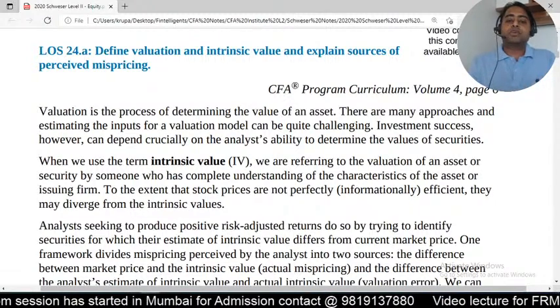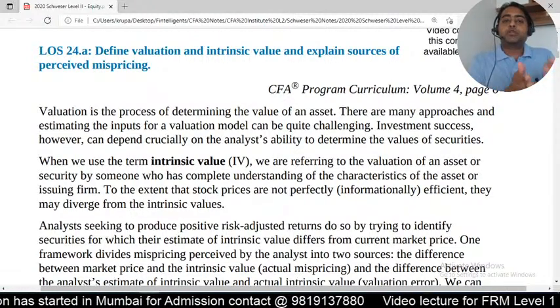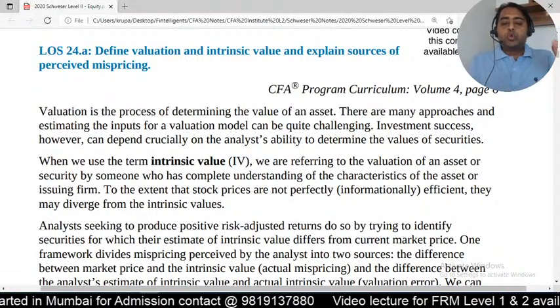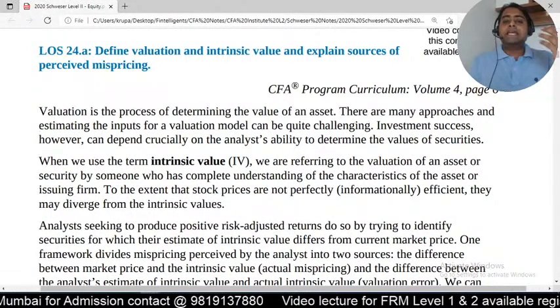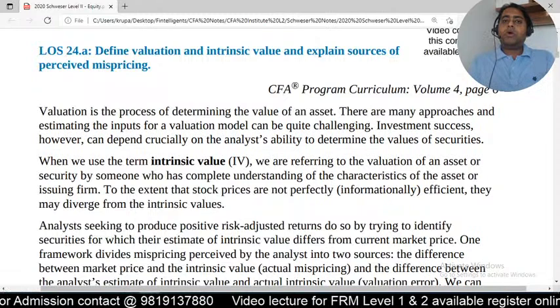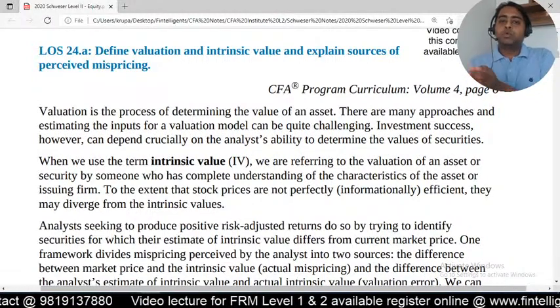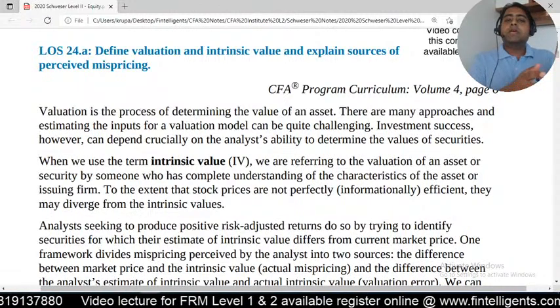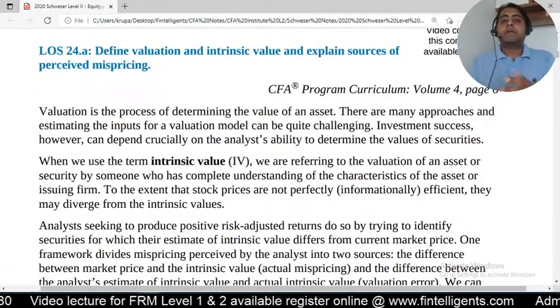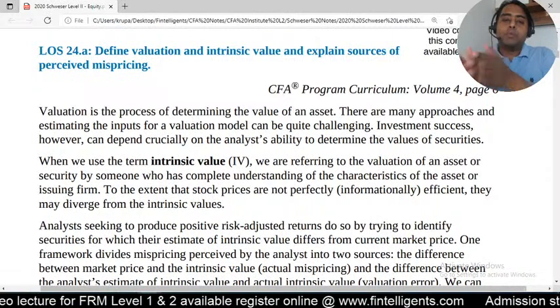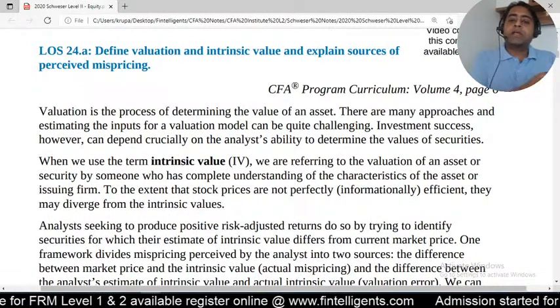Then on the basis of those factors, I should be able to calculate the true value, generally called the intrinsic value of that asset. Once you have the intrinsic value, you will compare it with the market price, and based on that, you will decide whether you want to buy or sell that particular equity.